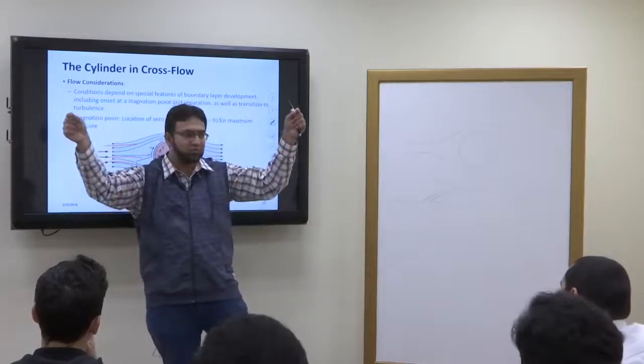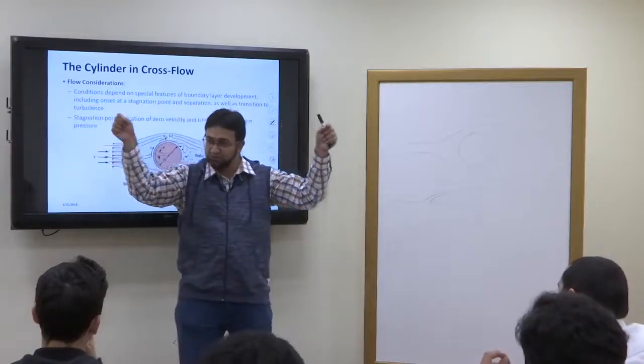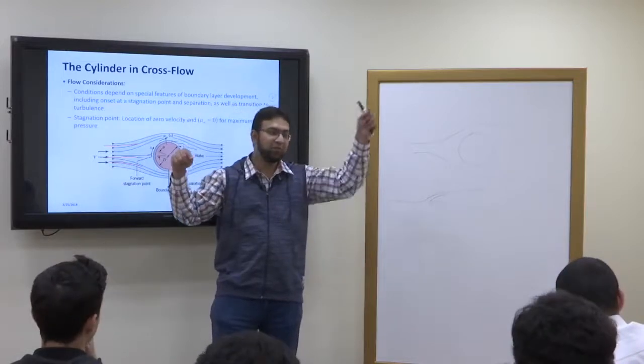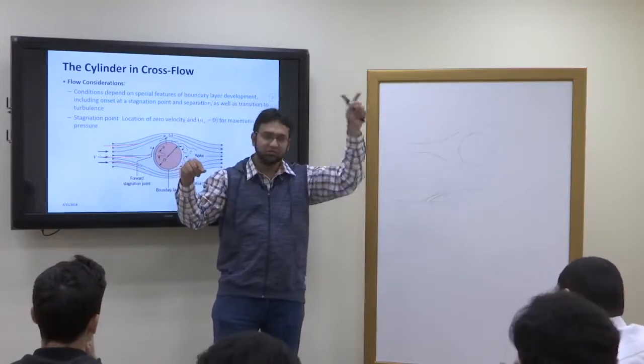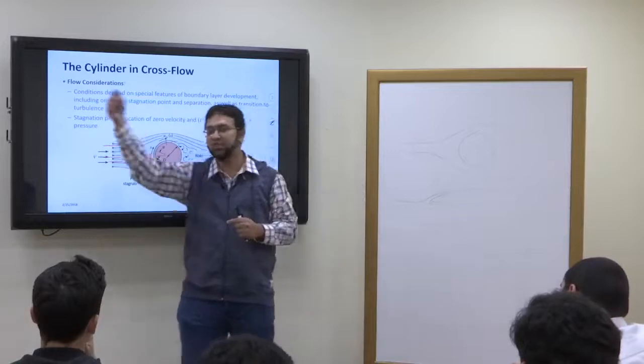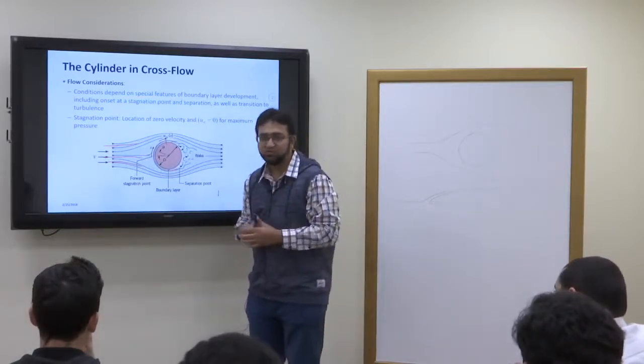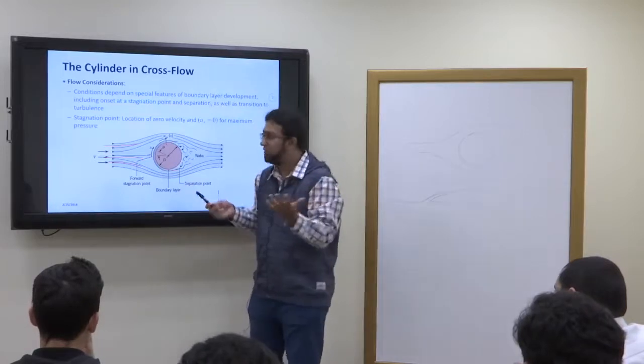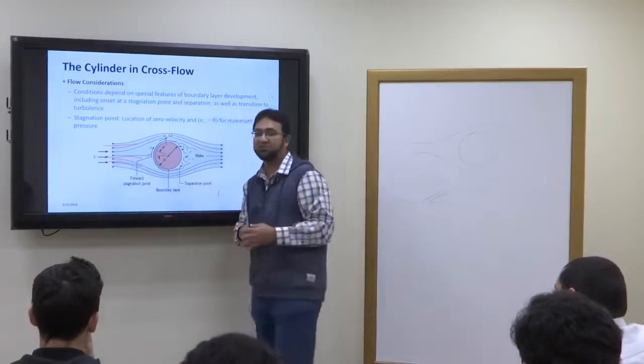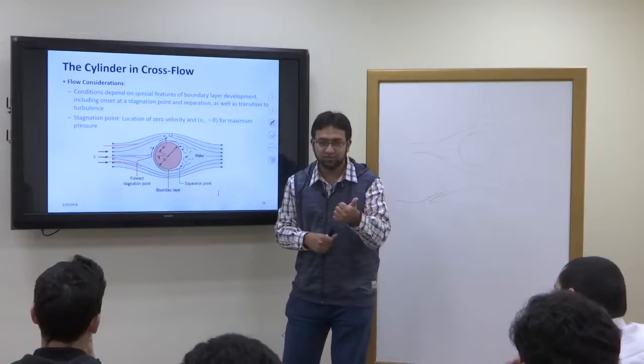So if you want to refer to two points in the flow and tell which point is earlier, you say that is upstream, and the point that is later, you say that is downstream. What about negative and positive? There is no negative and positive for that. What I was saying was about the pressure gradient.